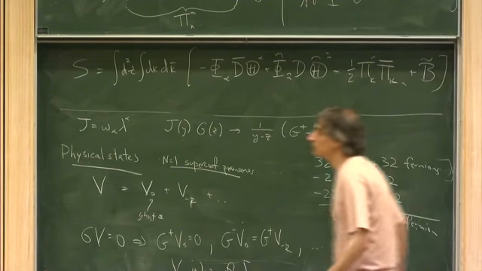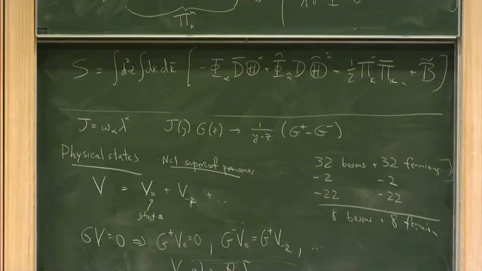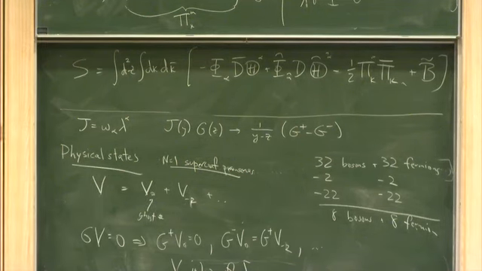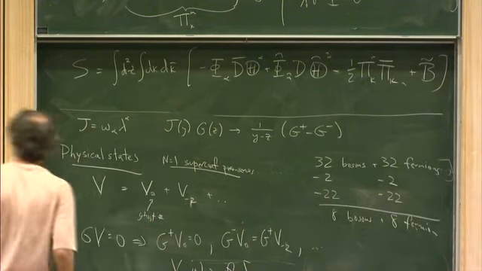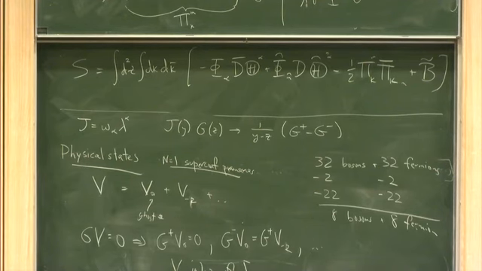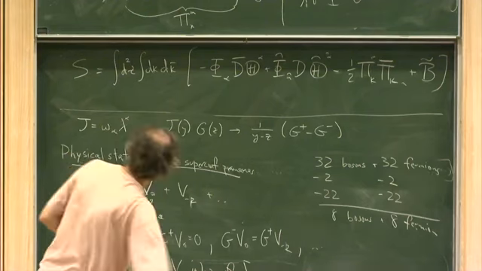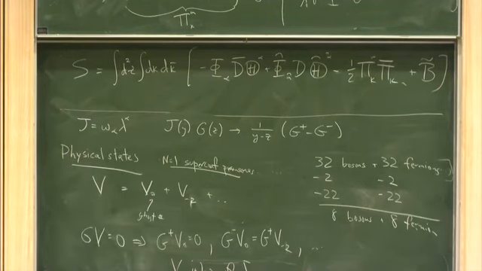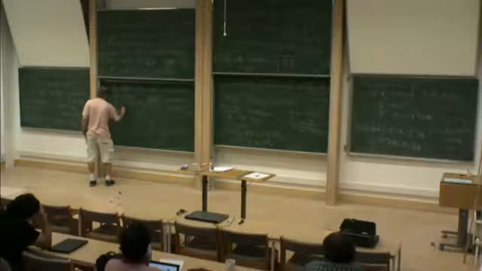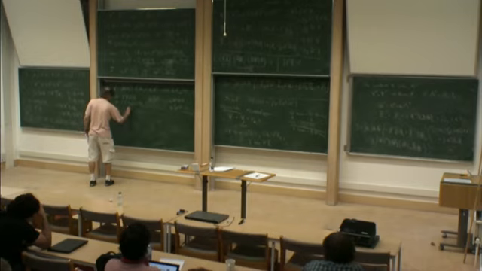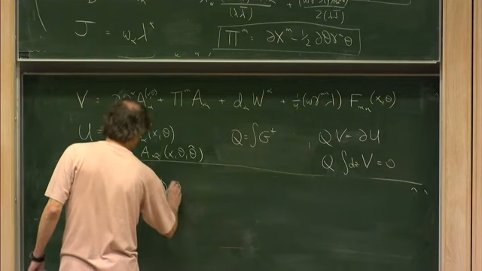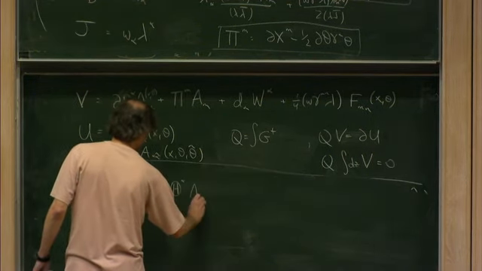Okay, so now let me give some examples, or at least one example, the massless vertex operator. So you might think that the massless vertex operator would just be d kappa of d theta alpha a alpha.